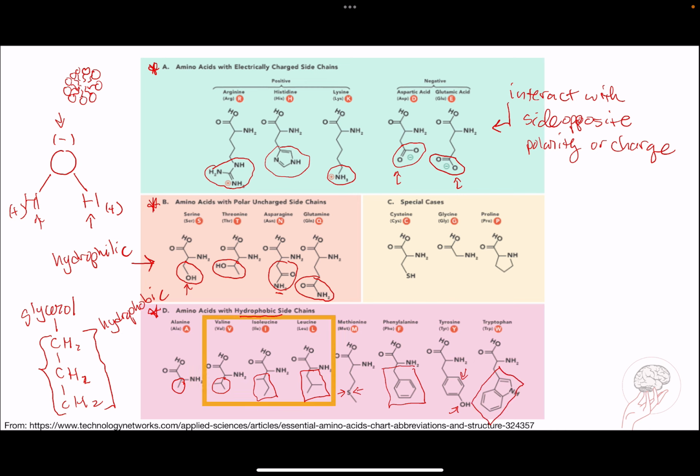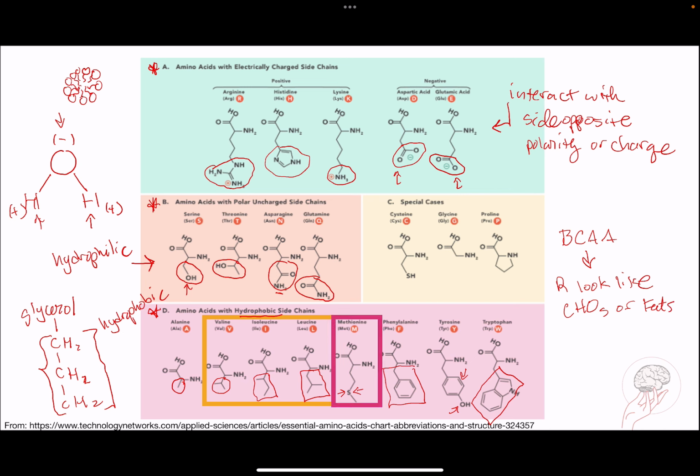I do want to draw your attention to valine, isoleucine, and leucine. These are the branched-chain amino acids. You've probably seen these in GNC. The reason they're called branched-chain amino acids is because their R groups look like carbohydrates or like fats.